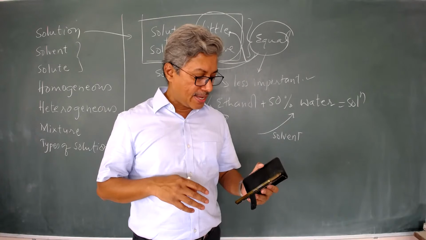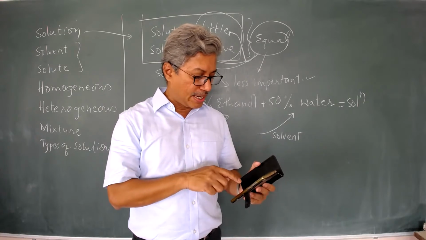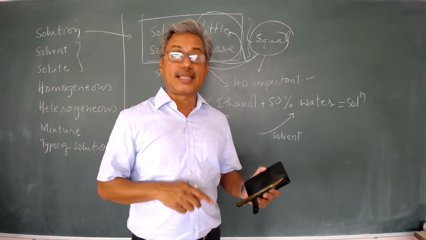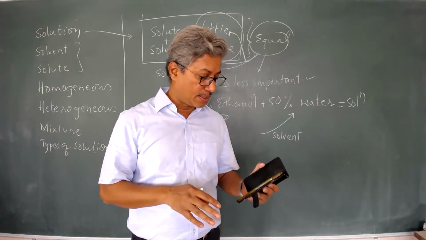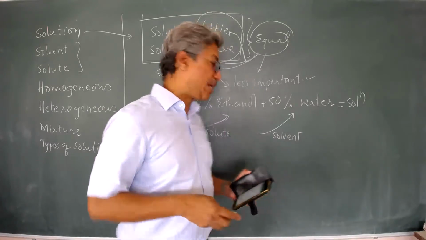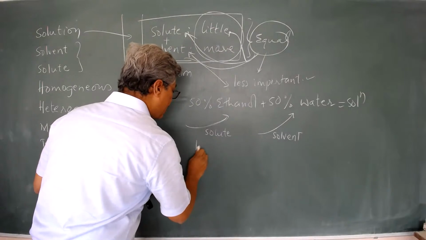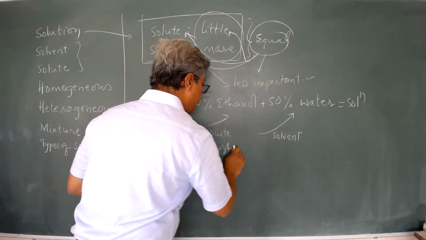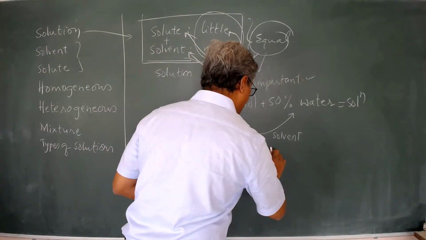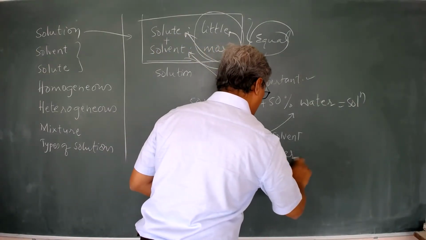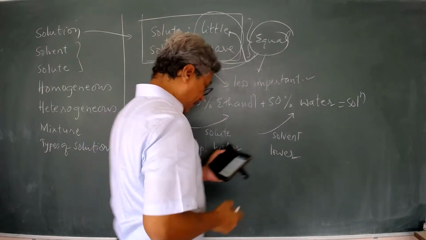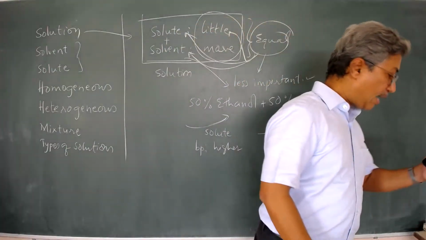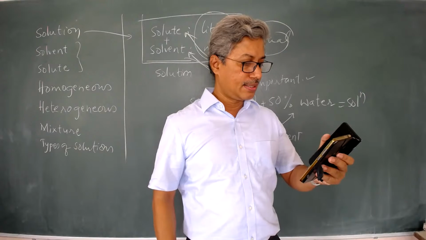Solute's boiling point is more than the solvent's boiling point. It means that the boiling point of solute is higher and the boiling point of solvent is lower. Well, this is the solution that is given.